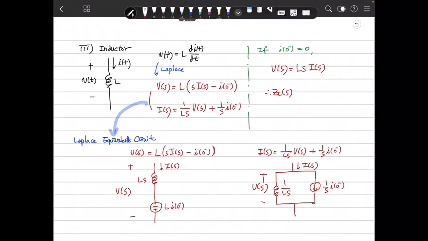Therefore, ZL, the impedance of the inductance, was Ls. You remember that in the phasor case, Z(j omega) was j omega L. Instead of j omega, we insert this S. Let me write this as SL.